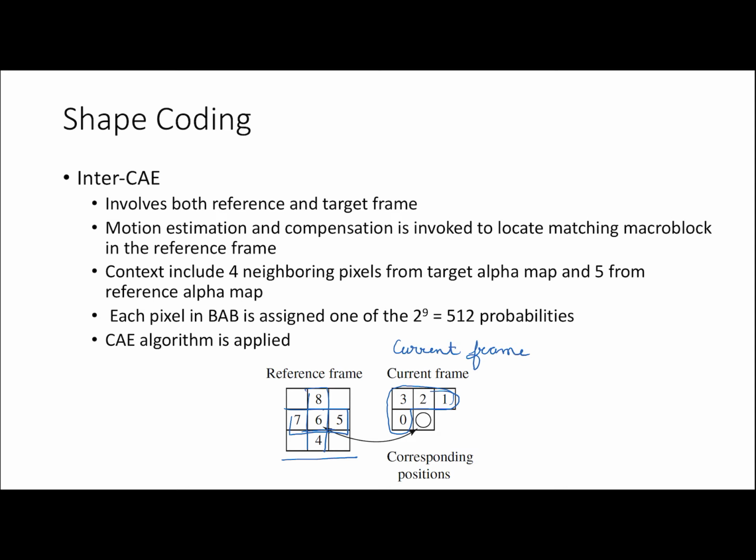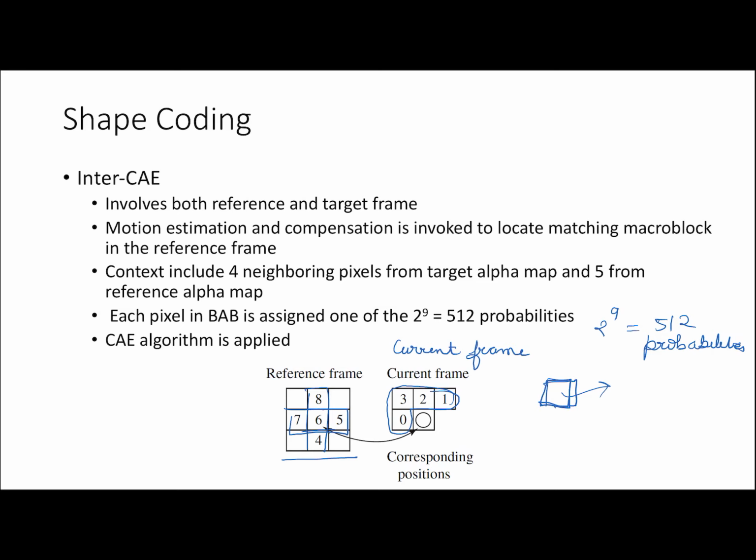Now, according to its context, each pixel in the boundary BAB is assigned one of these 512 probabilities. Afterwards, the same CAE algorithm is applied, and each BAB will have a unique code, or can be represented by a single floating point number.